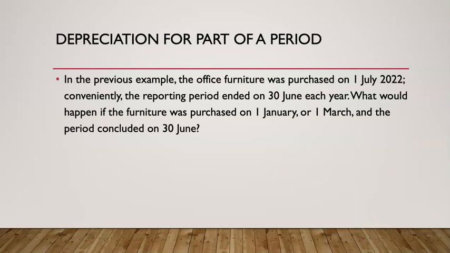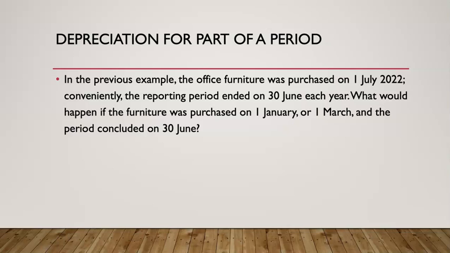Very, very often in business, unlike this previous example, we buy the assets throughout the year. This has been simple because there's been an assumption that we purchased it on the 1st of July and conveniently the reporting period ended on the 30th of June. So there has always been a year from when we bought it to when we did a reporting.